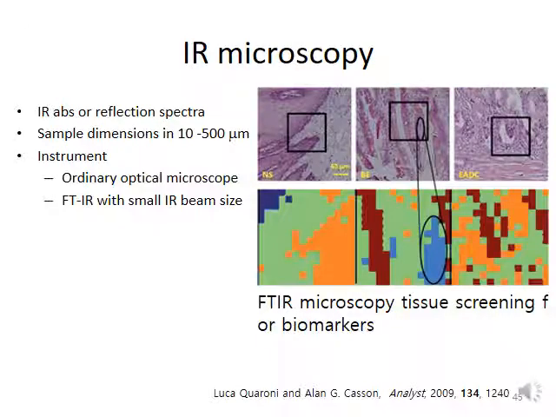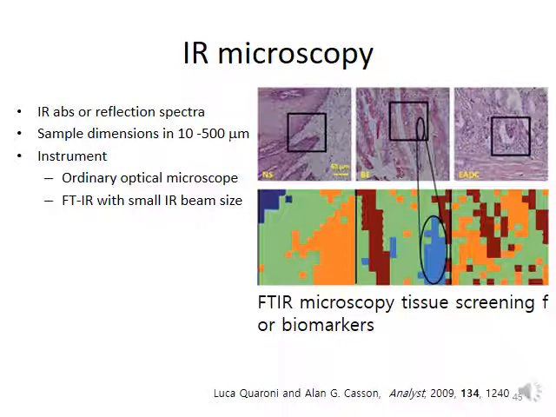Okay, so now let's look at infrared microscopy. When you have FTIR microscopy, tissue screening for biomarkers, we can easily determine the infrared absorbance for sample dimensions of about 10 to 500 micrometers.